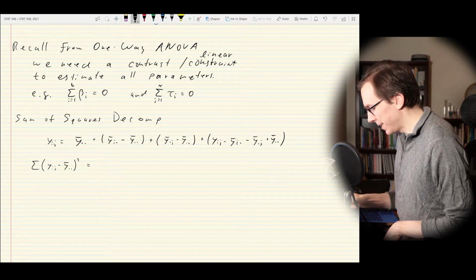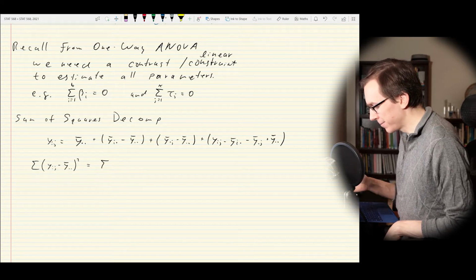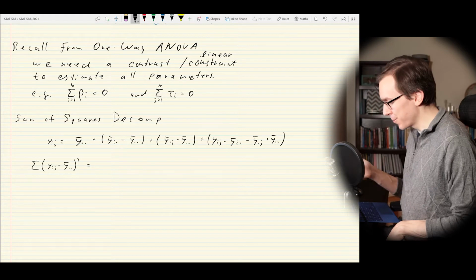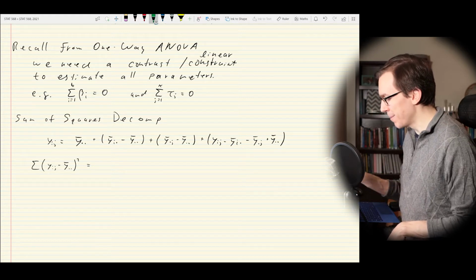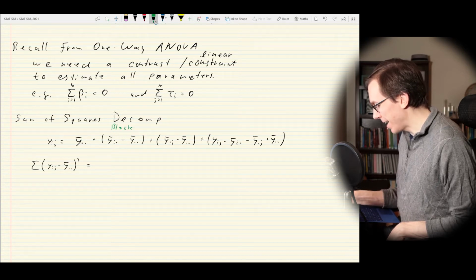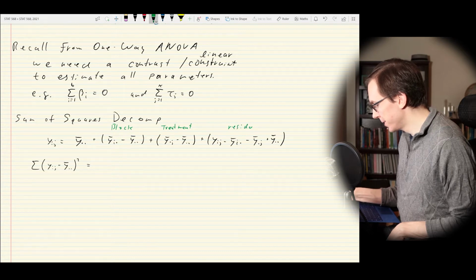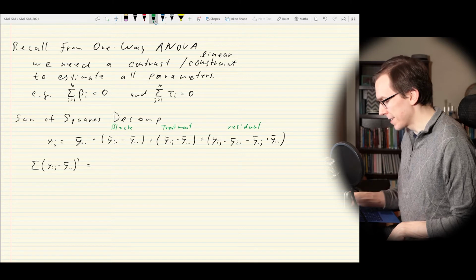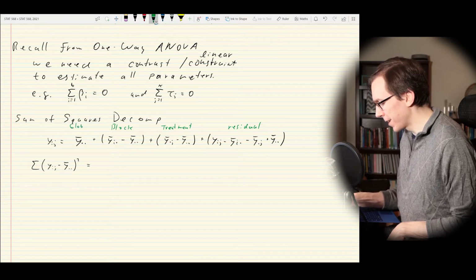So for the first one, let's just take a moment and note that here we have our block, here we have our treatment, and here we have our residual piece, and this is the global mean in the front.